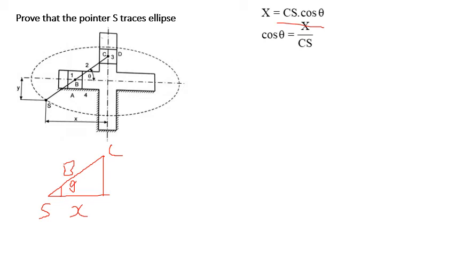Next, cos theta can be written as X by CS. I will call this equation number 1. Similarly, if I consider the triangle SB, let me draw the triangle.